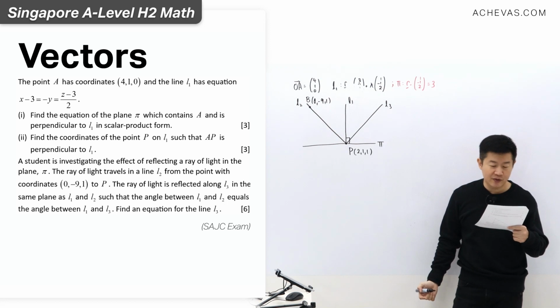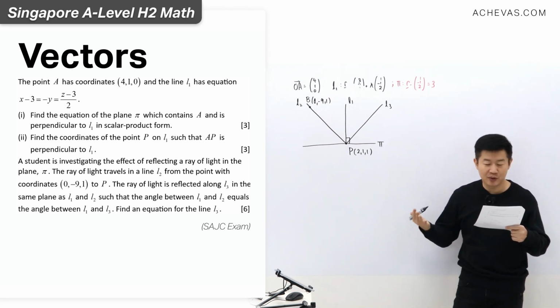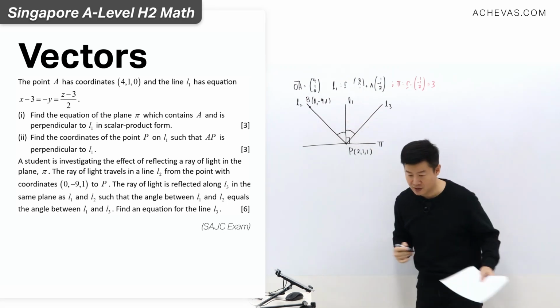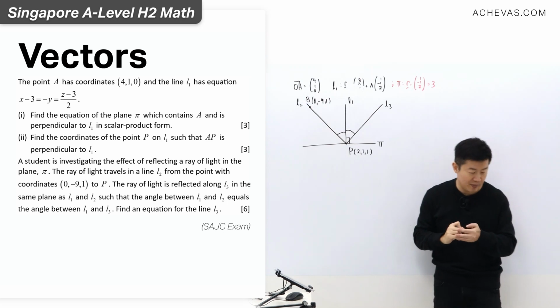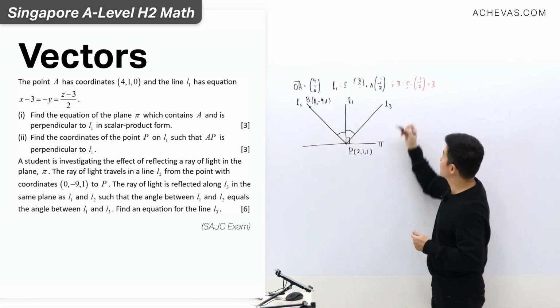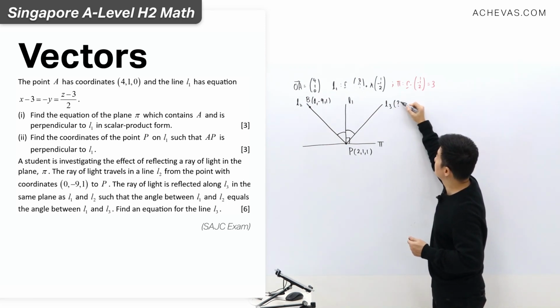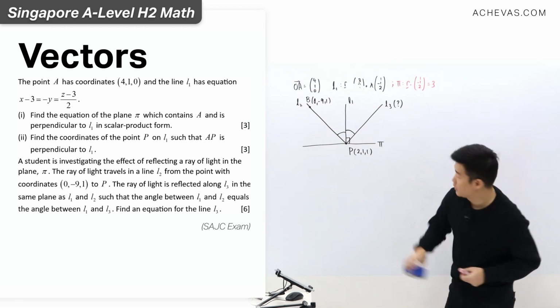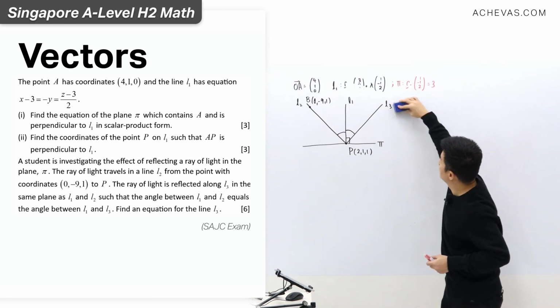It is also given, just in case my physics cannot make it, that the angle between L1 and L2 equals the angle between L1 and L3. So this angle here is the same as this angle here. This is the information provided by the question, and what I'm supposed to do is to find the equation of L3.